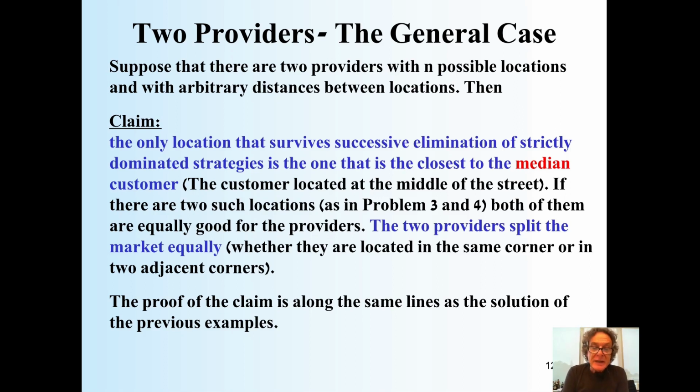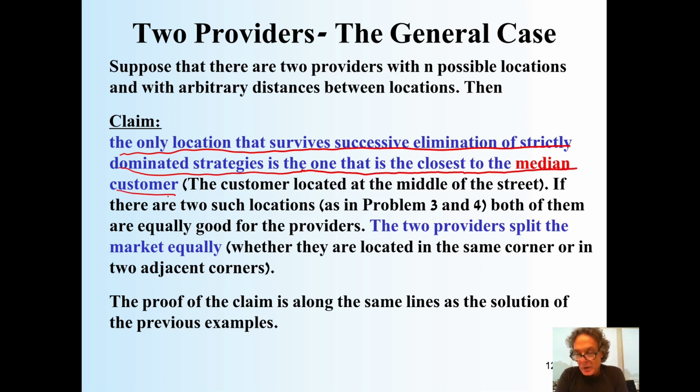Good. Here is the claim, and this is a very general one. The only location that survives successive elimination of strictly dominated strategies is the one that is the closest to the median customer. So we have to understand what is the median customer.